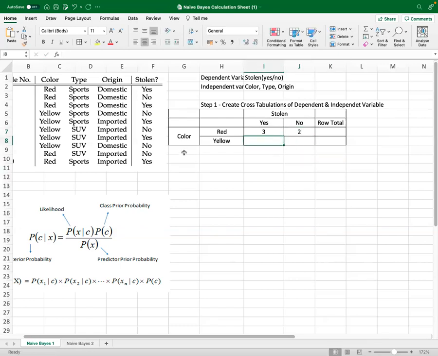How many yellows are stolen? 1, 2, 2 yellows are stolen, and the remaining 3 are not stolen. So row total will be is equal to this plus this. You can drag it down. Grand total will be is equal to this plus this, 10.